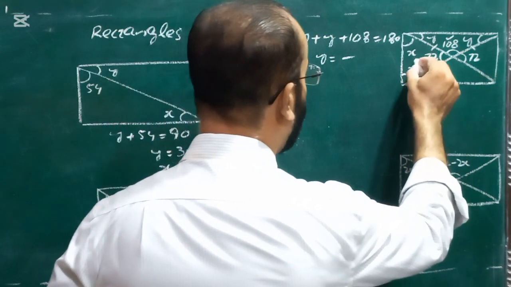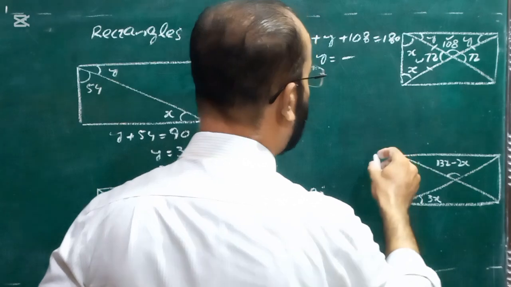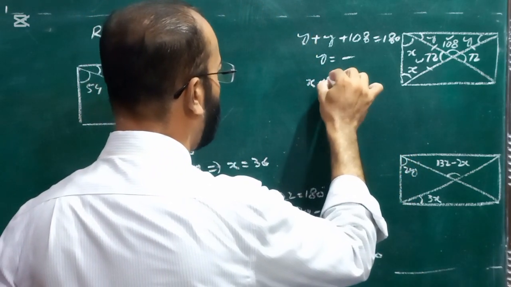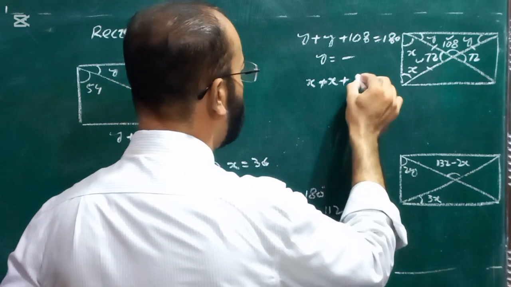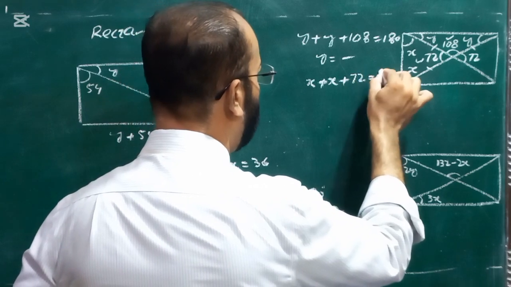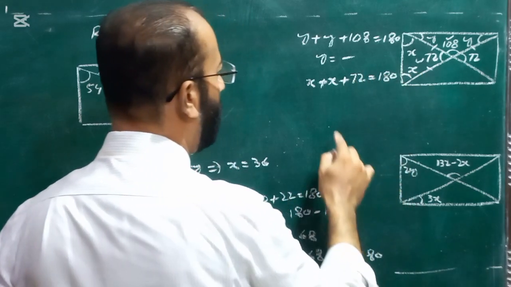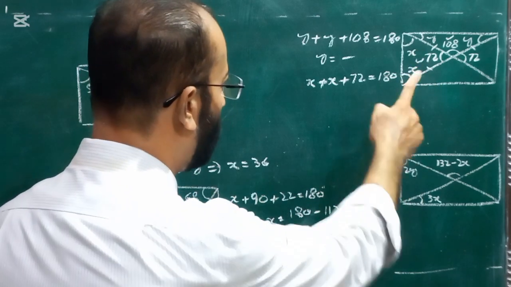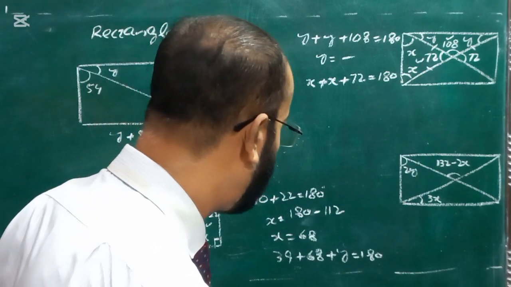So if in this triangle you come, this is an isosceles triangle. So again, x plus 72 degrees will make 180 degrees, because the sum of the angles of a triangle is 180 degrees. So x will be solved there.